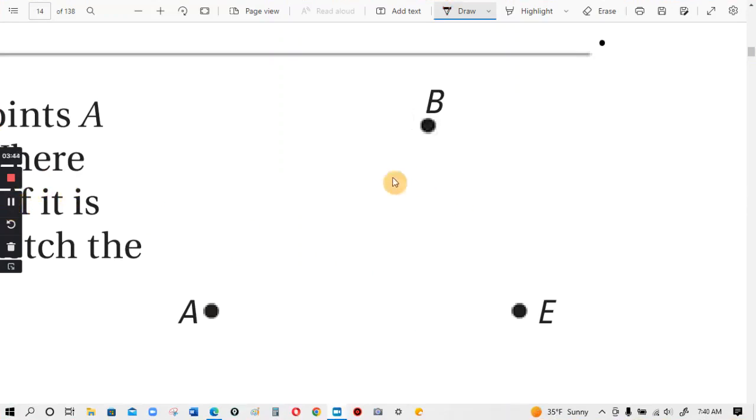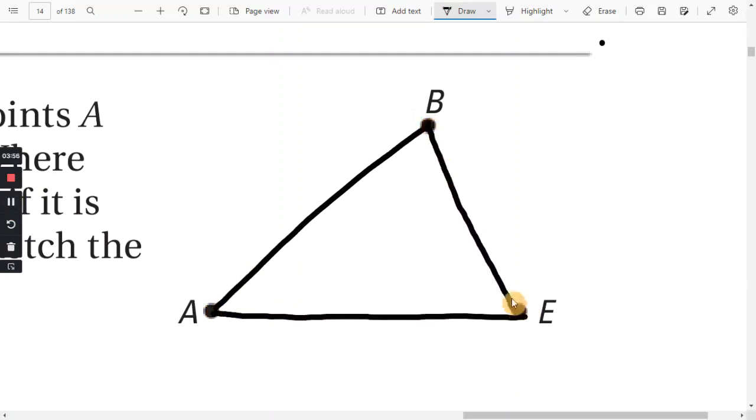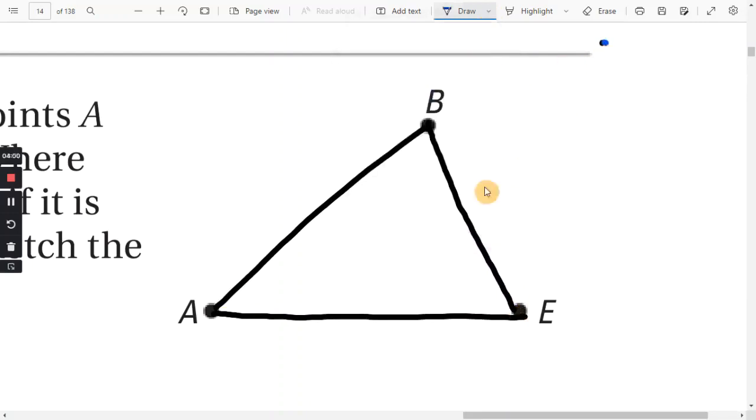I'll start with the triangle. I'm just connecting points A, B, and E. Then I'm going to draw in perpendicular bisectors. I'm going to start at the midpoint of each one, and try to connect them at the same point.